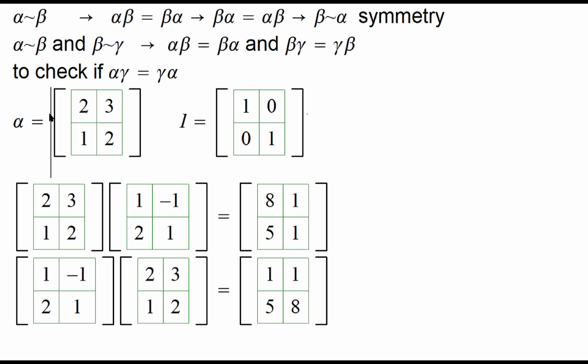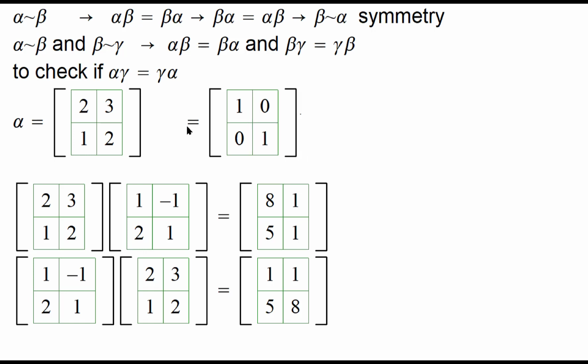So for example, let's pretend we take beta to be the identity matrix.